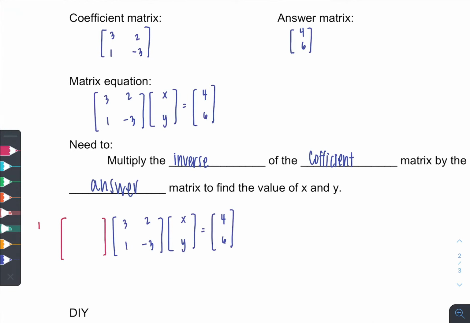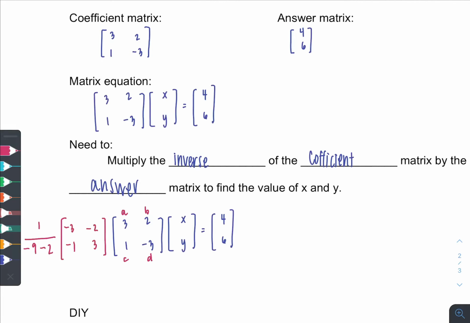So this is going to be 1 over, this is A, B, C, and D, AD minus BC, so -9 minus 2 times 1 is 2. Over, and then for these we switch A and D, so this is going to be -3 and this will be 3. And then B and C become negative, so this is -2 and -1.